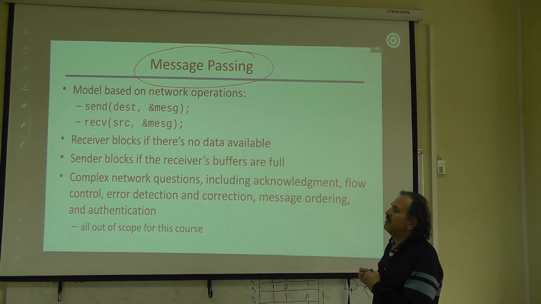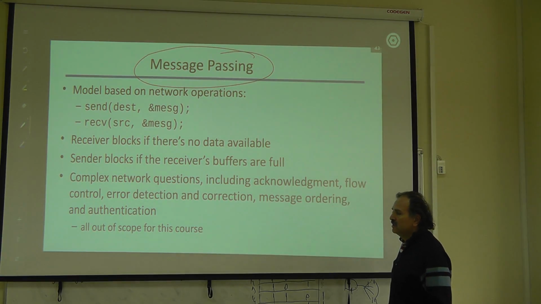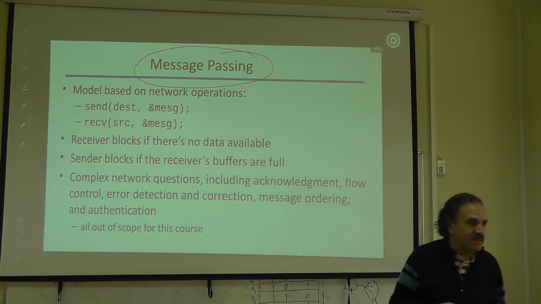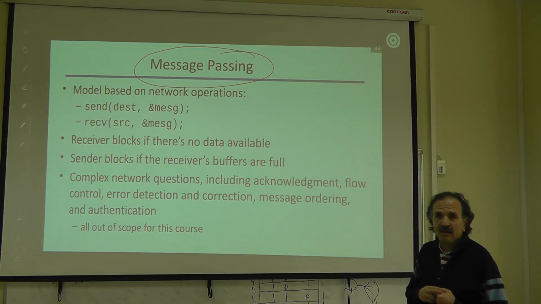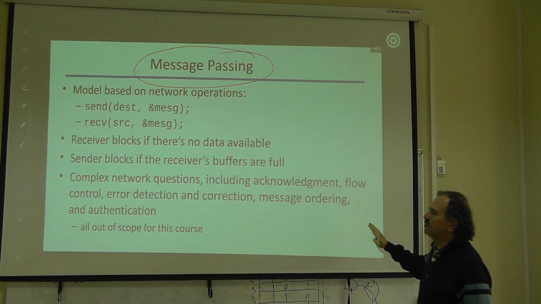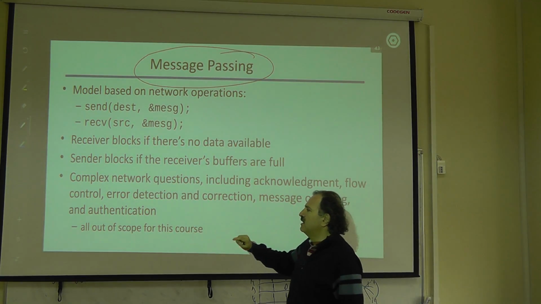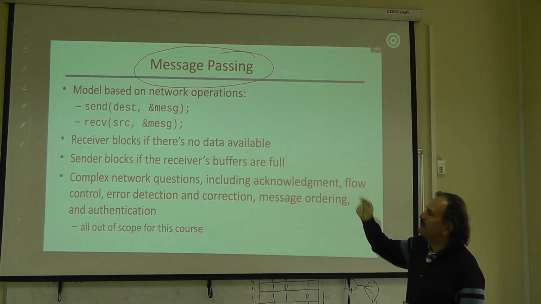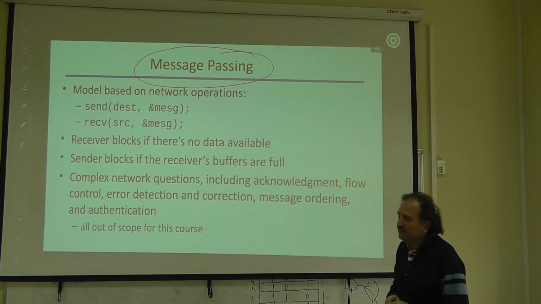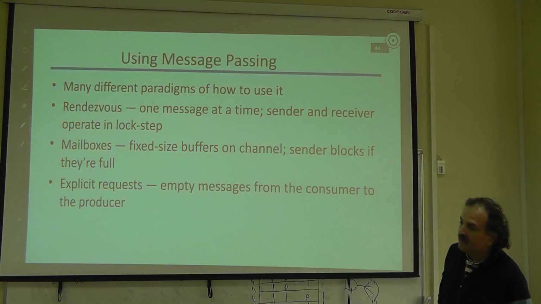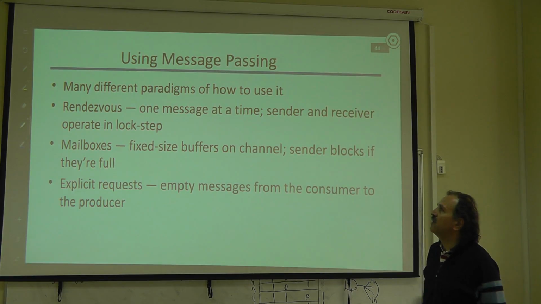So you might send the same thing twice, and that means the consumer receives the same produced item more than once, sometimes 0 times. The messages might get received out of order. Those are the problems of networking systems, and they are all out of scope of this course, so we will not talk about those. But I will show you some examples with the send and receive functions using message passing. Many different paradigms of how to use it.